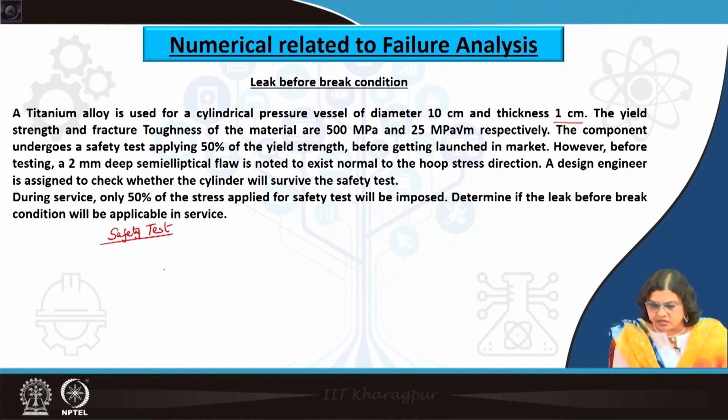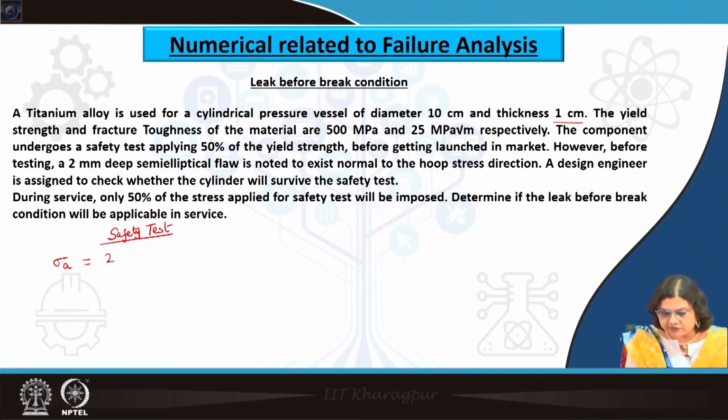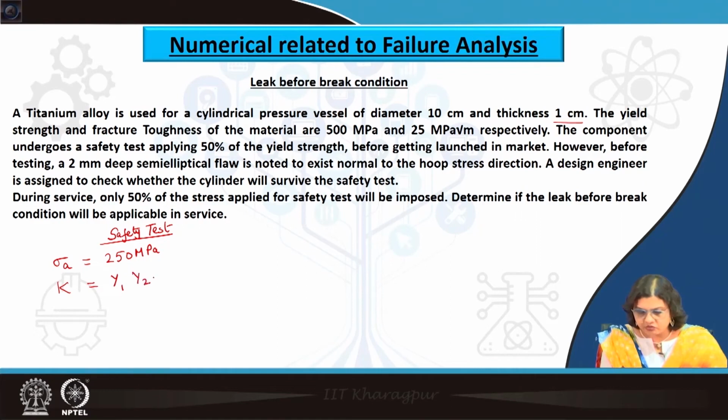So, what it says is that the applied stress is 50% of yield strength. So, that means yield strength is 500 MPa, that gives the applied stress as 250 MPa. Okay. And we need to find out the K value as Y1 Y2 sigma root over pi a. A in this case is given as 2 millimeter deep. So, that is half the length of the minor axis.